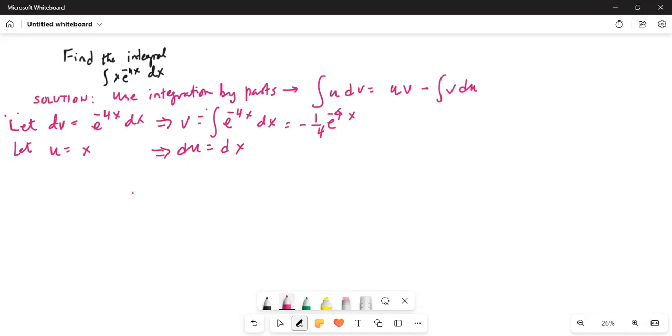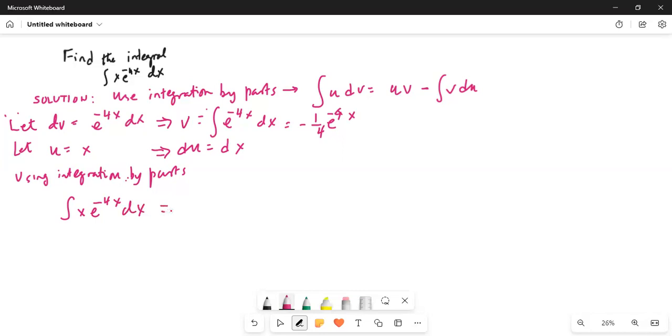So using integration by parts, we get integration of x e to the power of minus 4x dx is equal to u times v.